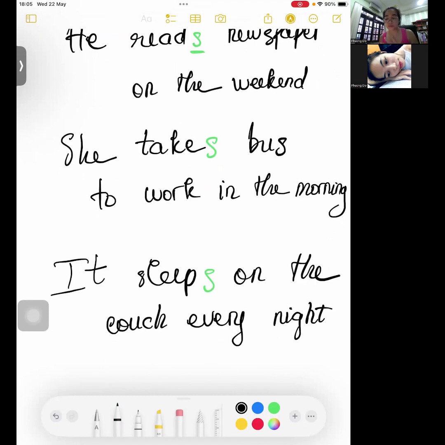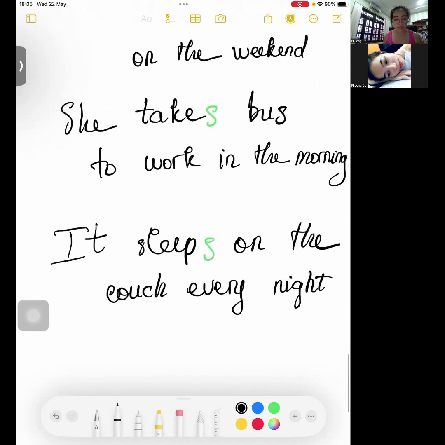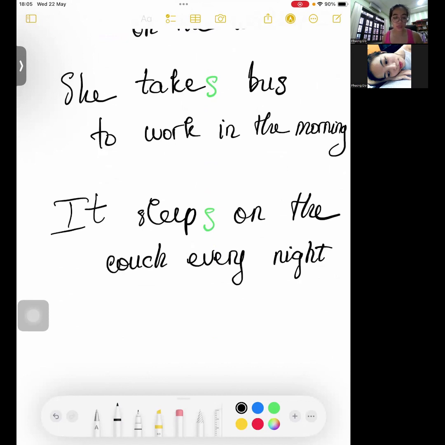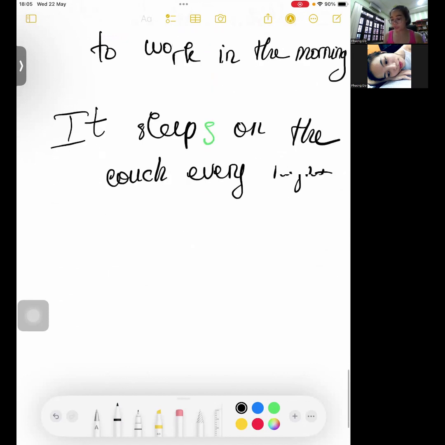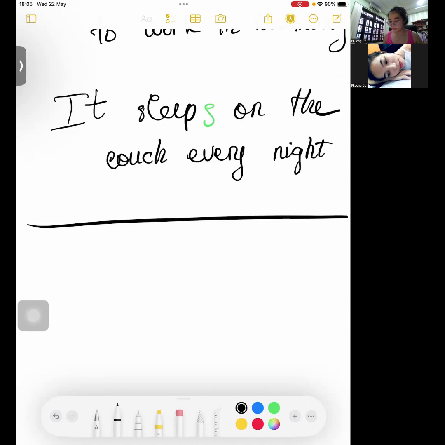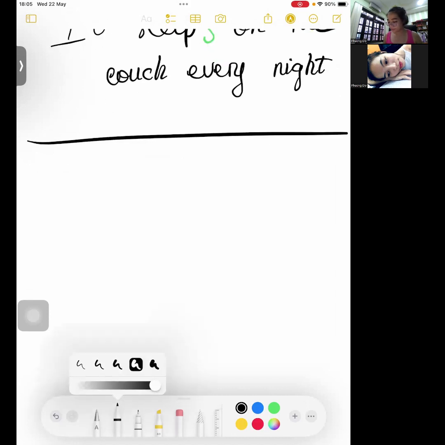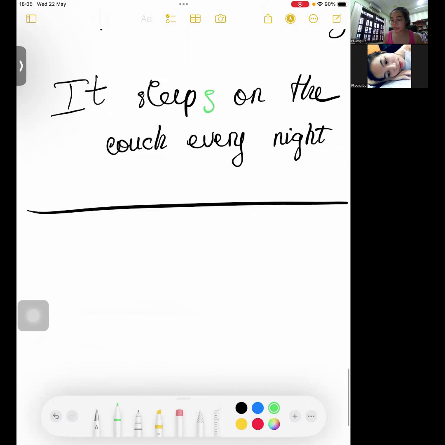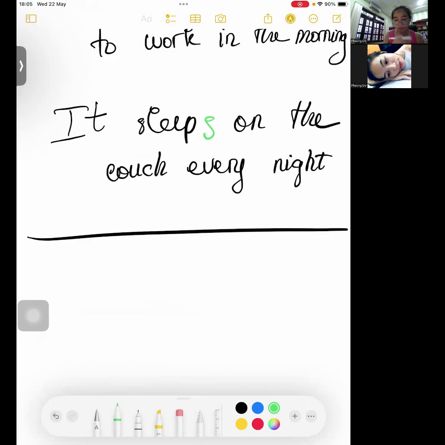We go with the base verb, and then let's move on. We go with the plural now. Okay, that is another situation. That is another case of the pronoun. So let's do some practice.